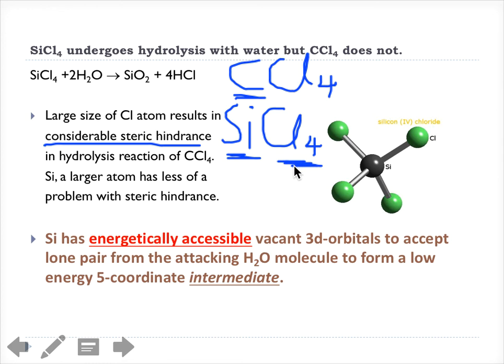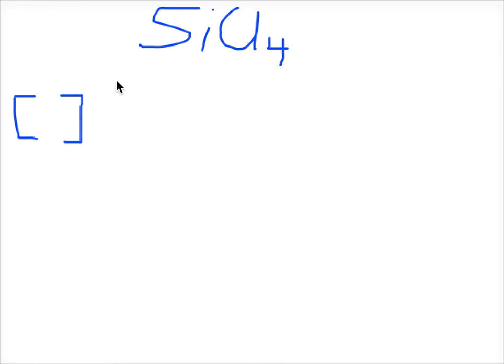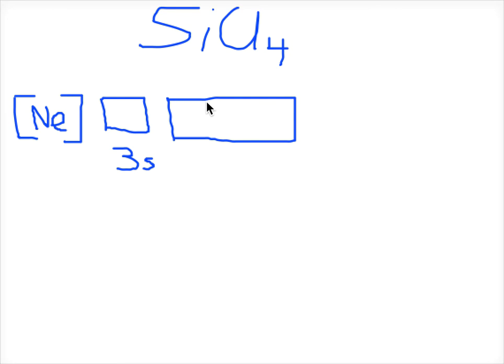Now, in addition, as we mentioned just now, silicon has energetically accessible vacant 3d orbitals. So let's take a look. If I want to form silicon tetrachloride, let's look at the orbital box diagram. Silicon has the following electron configuration: neon, then we have the 3s and the 3p.